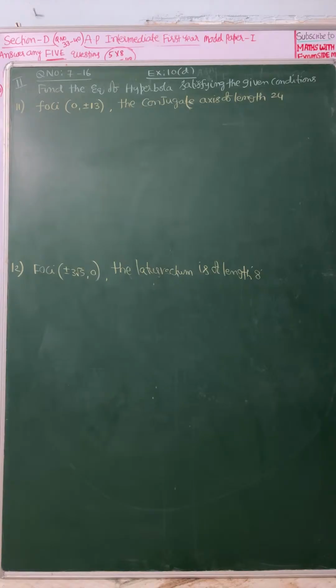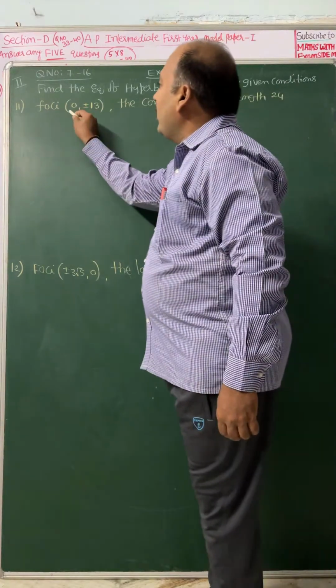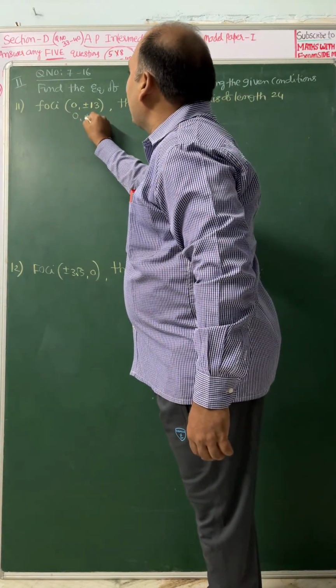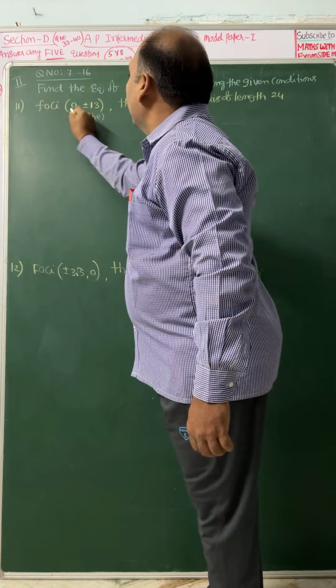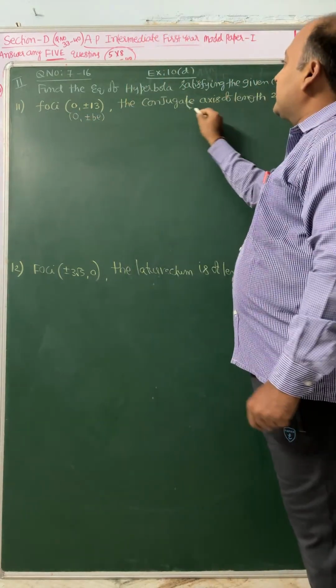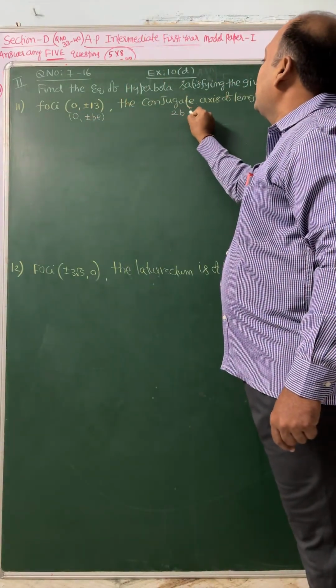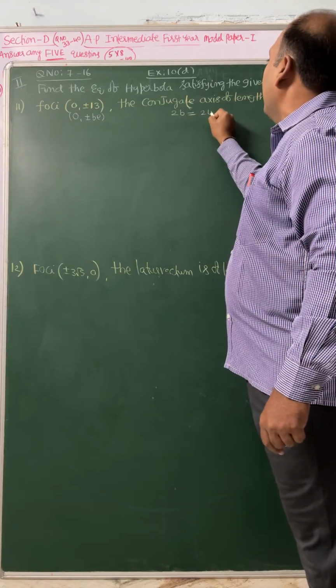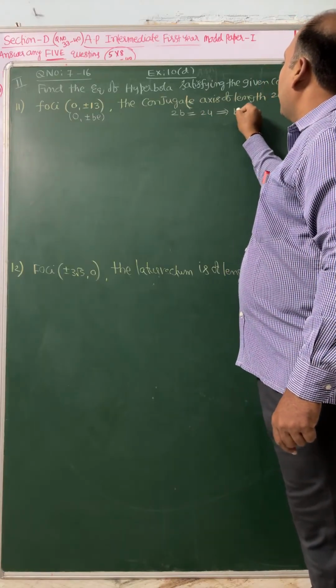So from this data we will do it, dear students. Foci coordinates are 0, plus or minus b e. Next, conjugate axis. Conjugate axis means 2b equal to 24. That implies b equal to 12.